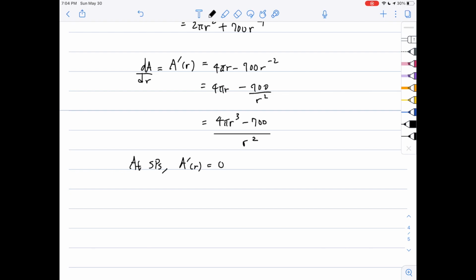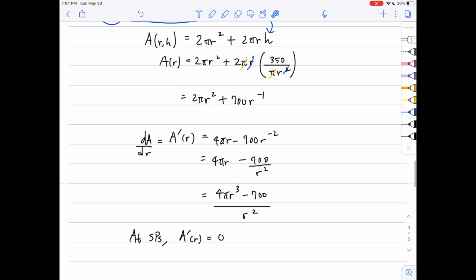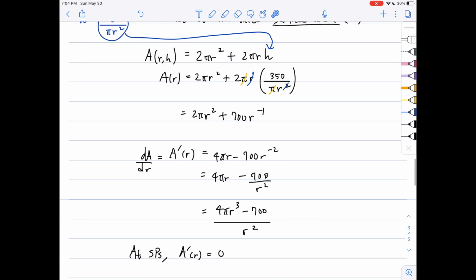Now the derivative will be 0 when the numerator is 0. The denominator is always going to be positive because the radius is bigger than 0. By the way, I should have mentioned that earlier. As soon as you express the surface area in terms of r, you should state the conditions for r.